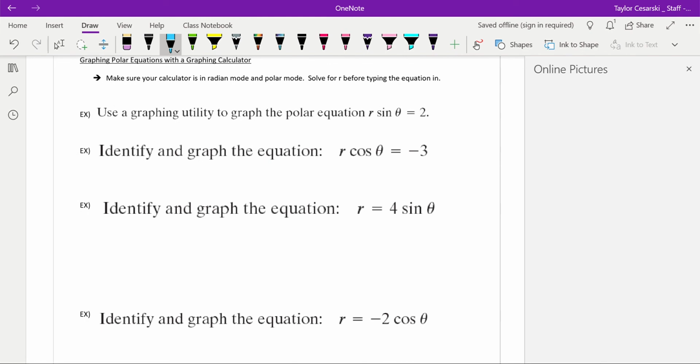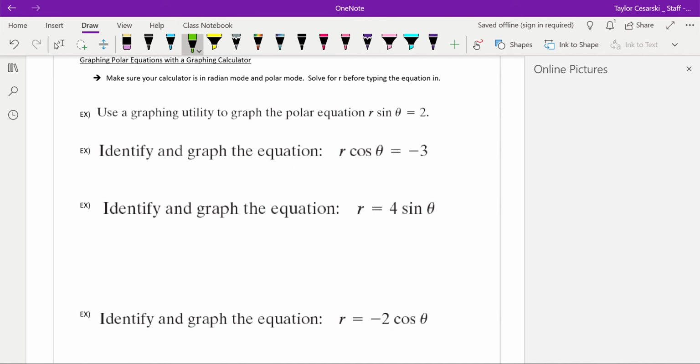Alright, so next we're going to talk about how to graph this in your calculator. It won't allow me to switch screens in here, so we'll do this in class also, but I'm going to go through these as well. What I'm going to do first is go through how to solve all these, and then I'll go through the calculator process.